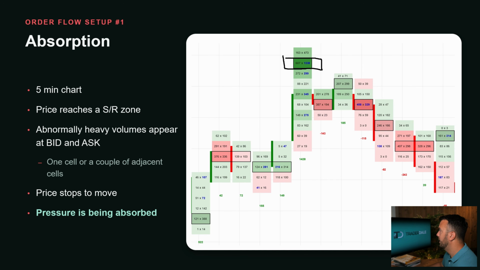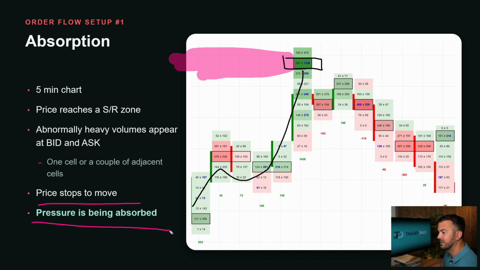So what the price does when it hits that resistance, let me draw the resistance again, is it stops moving. See, it moves up, but here in the resistance, it stops moving, and that means that pressure is being absorbed. In this case, buyers were pushing the price up, those are aggressive buyers here at ask.